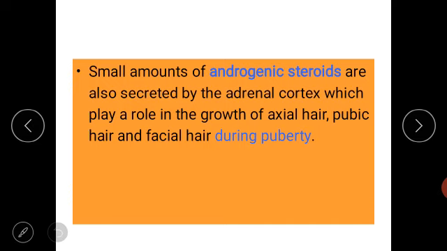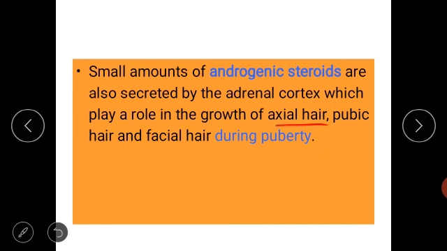And the last point is a small amount of androgenic steroids, which is also a kind of hormone. Androgenic steroids are also secreted by the adrenal cortex, which play a role in the growth of axillary hair, that is, hair on the body, and pubic hair, the hair at the reproductive area, and facial hair during puberty.